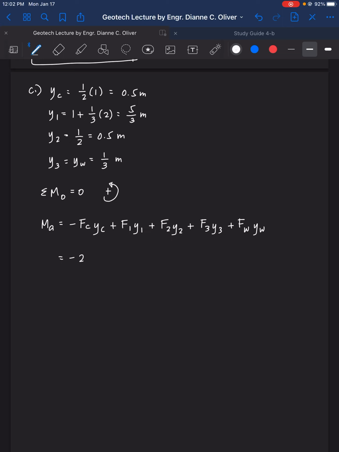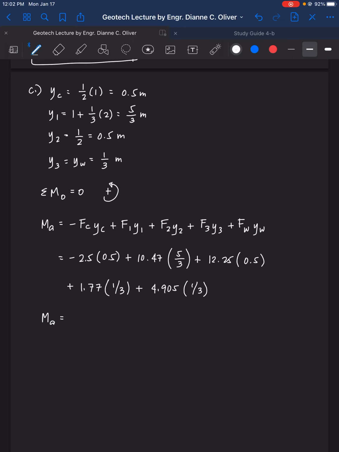That is equal to negative 2.5 times 0.5 plus 10.47 times 5/3 plus 12.25 times 0.5 plus 1.77 times 1/3 plus 4.905 times 1/3. Total moment now is 24.55 kilonewton meter.